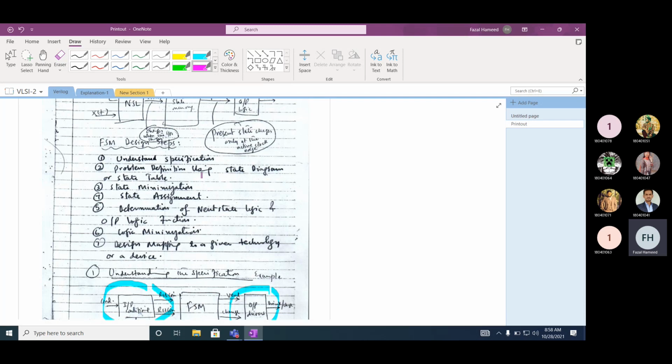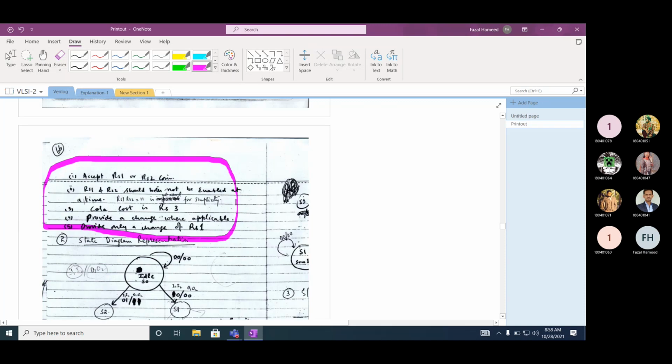In any kind of state diagram, there are some circles and some arrows. What does a circle represent? A state. What does an arrow represent? A transition from one state to another state.